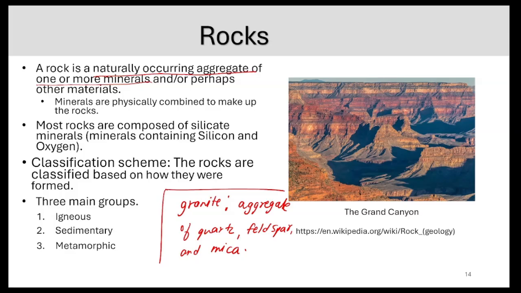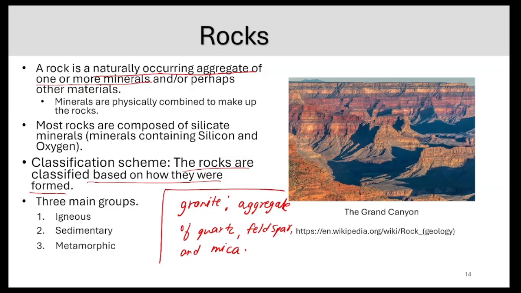Geologists classify all rocks into three main classes based on how these rocks were formed. These three classes are the subject we will mostly be talking about in the rest of the slides.